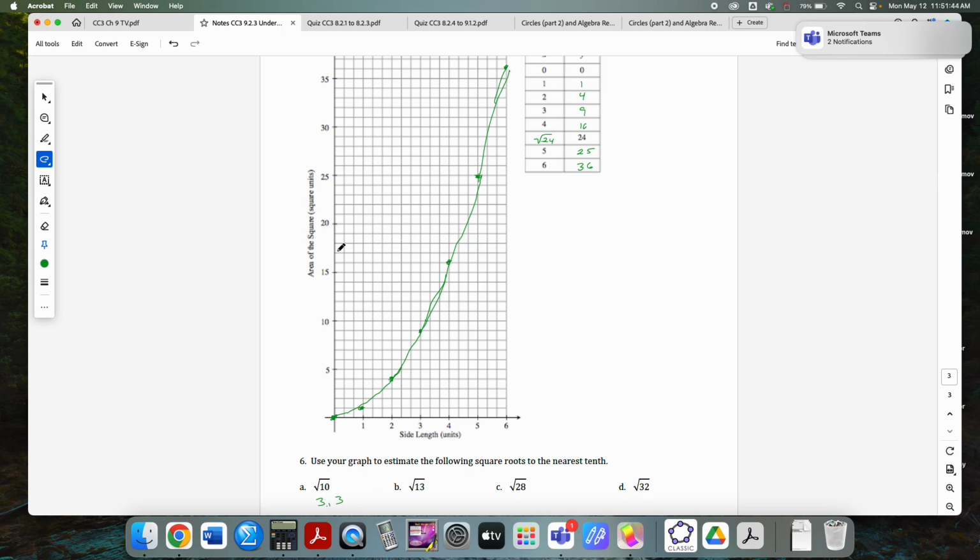Square root of 13. Let's see, 10, 11, 12, 13 is right here. So that looks to me like it's about 3.6.